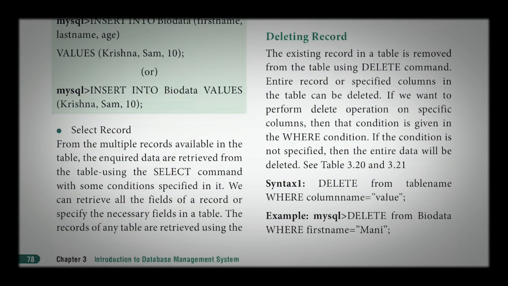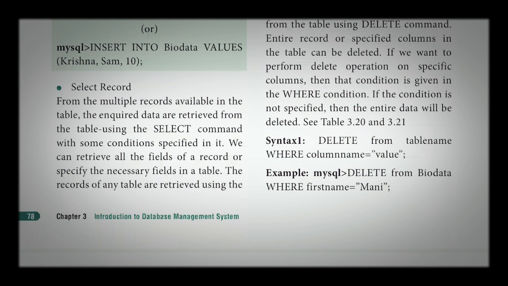So syntax 1: delete from table name where column is equal to value. Here you can see delete from biodata where first name equal to money. This command is going to delete records.